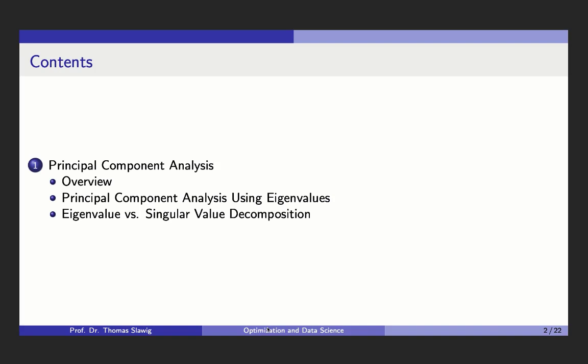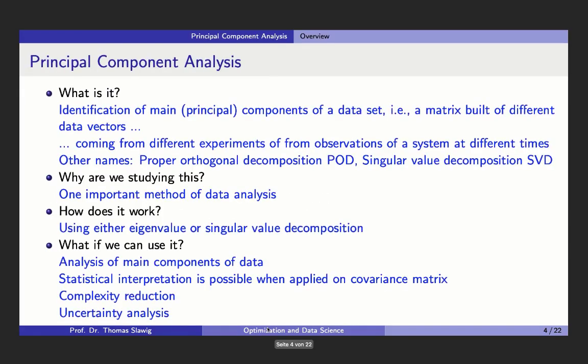So the matrix that we apply our analysis on, if we consider it as being outcomes or realizations of random variables. But this is more or less just another interpretation.